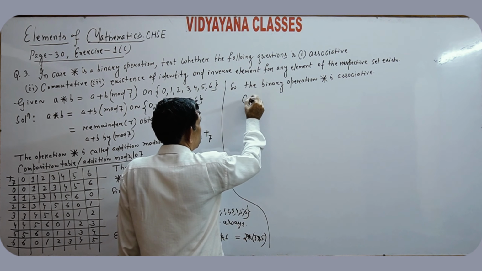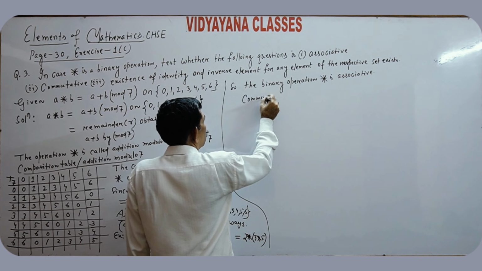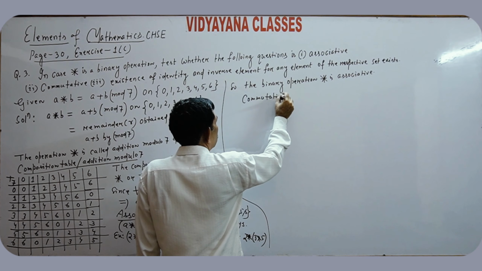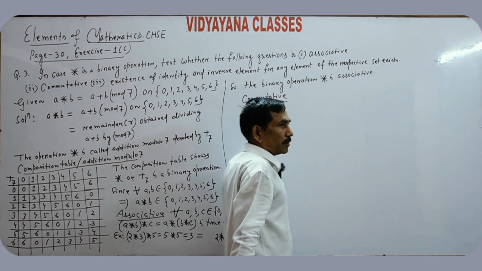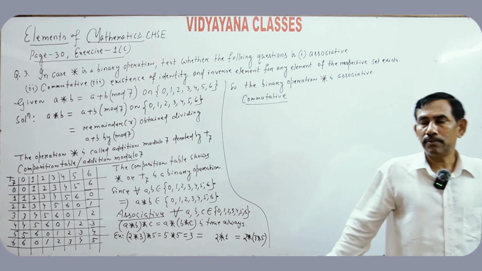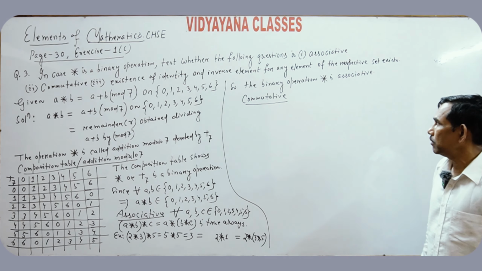Next, commutative. The binary operation star satisfies the commutative property or not.